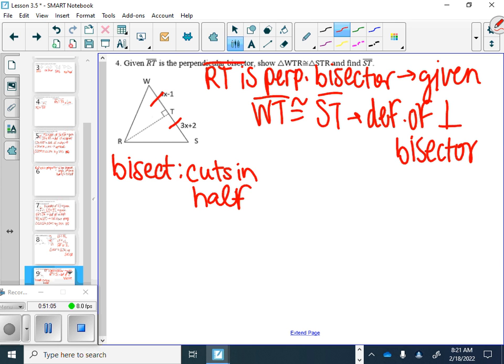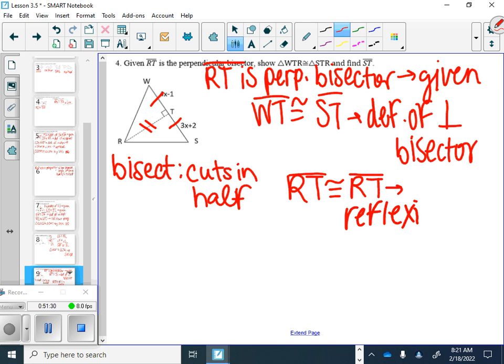So what's going to be your reason? If I break these two triangles apart, RT is a part of both of them, right? So I can say that RT is congruent to itself by the reflexive property. If anything's congruent to itself, it's reflexive.